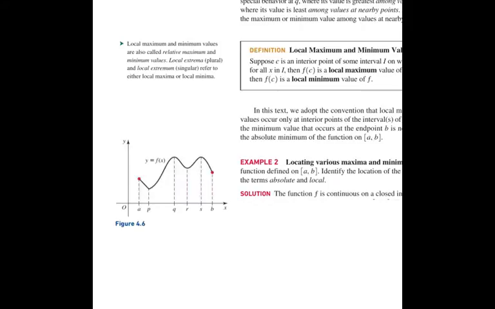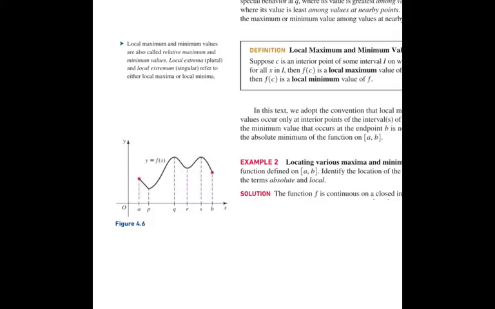Is one higher? It seems like the max. Yeah, the absolute max can occur at an interior point. So the absolute max is going to occur at q and s. Well, we have one value, but it occurs twice.